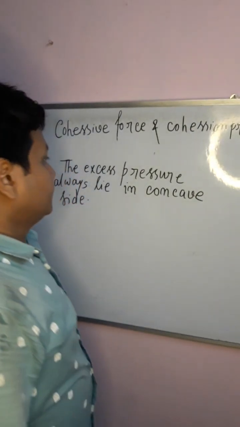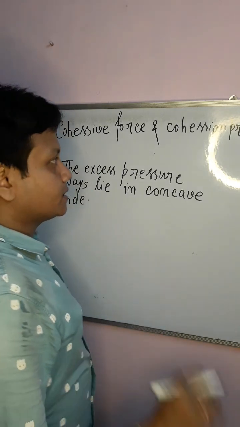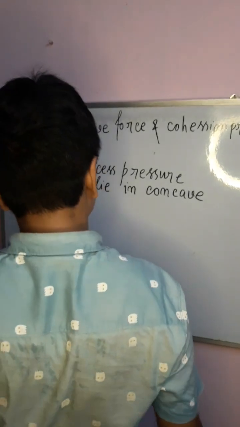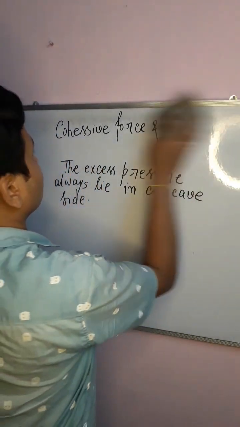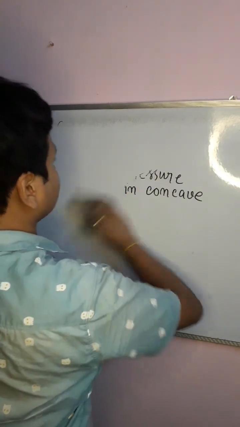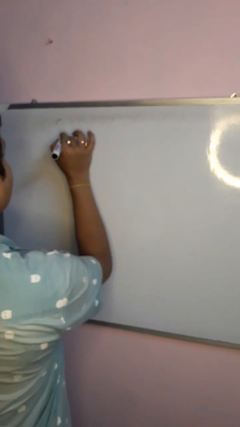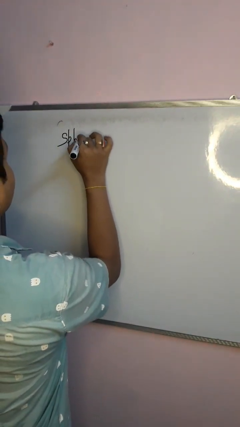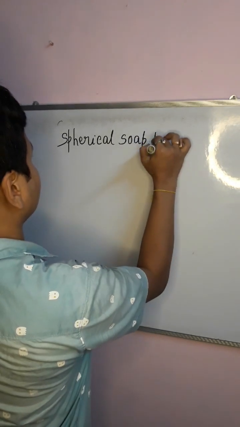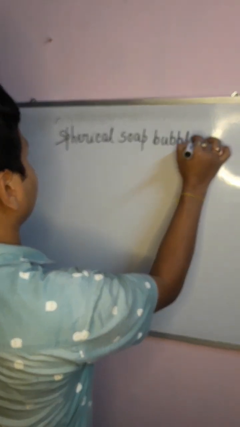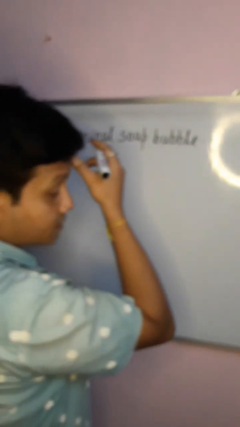Fine. Now let us take a suitable example, say a spherical soap bubble. What happens? It has a convex surface.